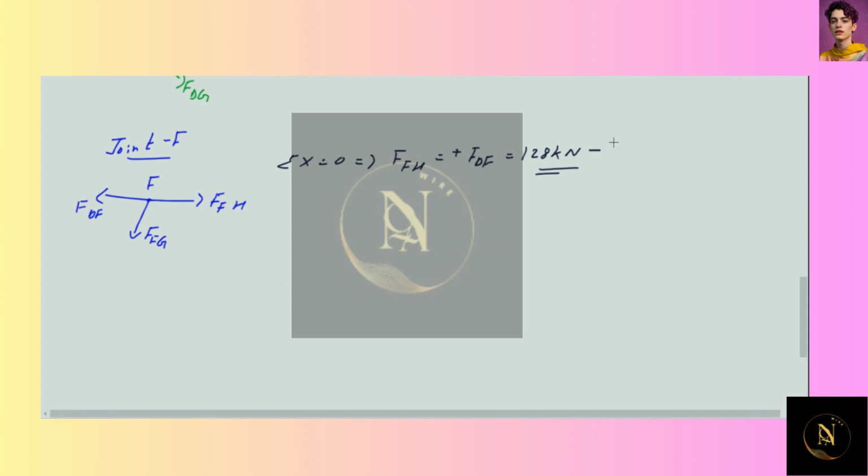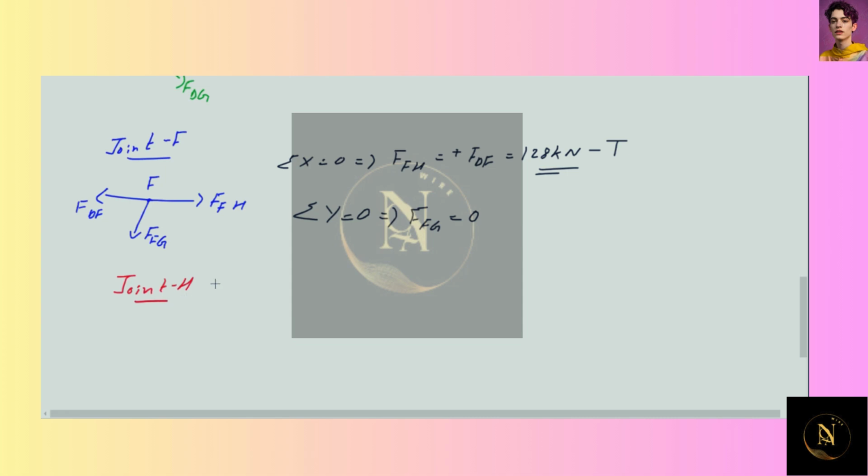Let's denote it by the letter T. Summation along y equal to 0 gives you FFG equal to 0.